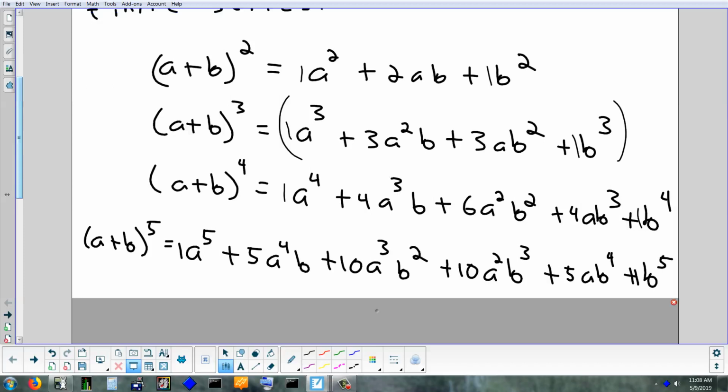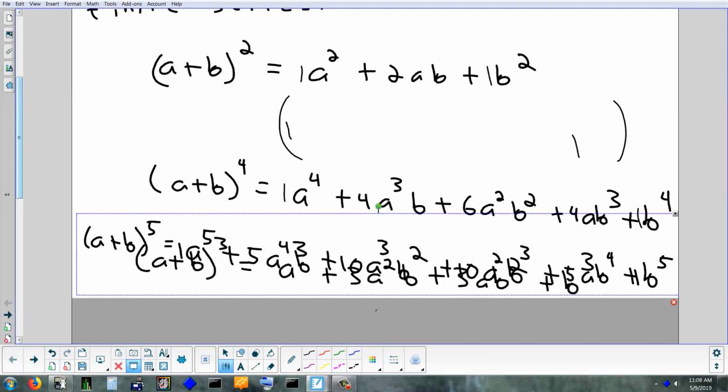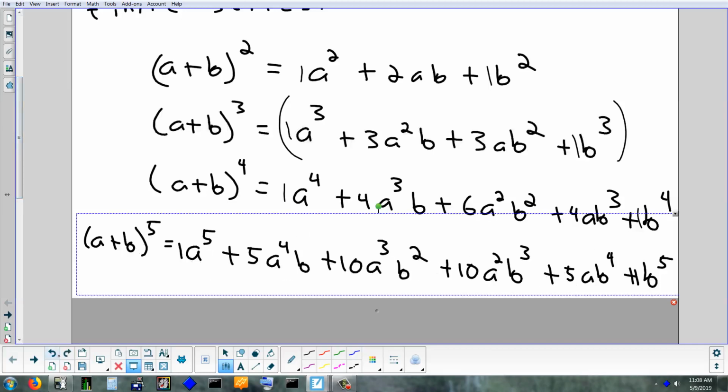So for the number in front of the a and the b, it just keeps going up by 1. Like the a squared b is 3, and then the a cubed b is 4. You see what I mean? Yeah, it's going up by 1. Go down to the 5. Oh, like 2, 3, 4, 5? Yeah. Okay, so we definitely got something going on there.